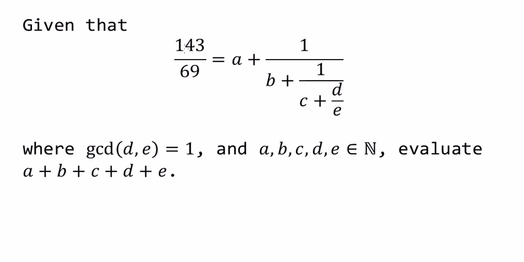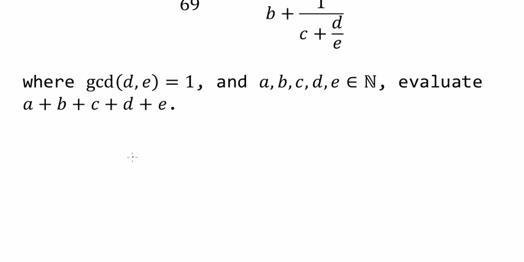So we know that 143 divided by 69, we can do by long division. In this situation, we have only the number 2. 2 multiplied with this number, you will get 138.